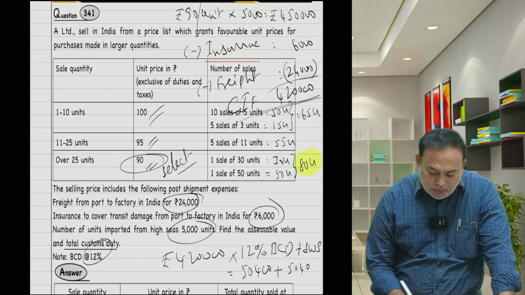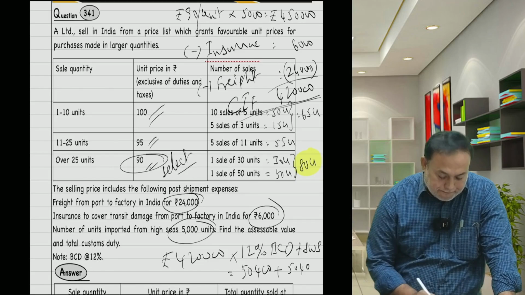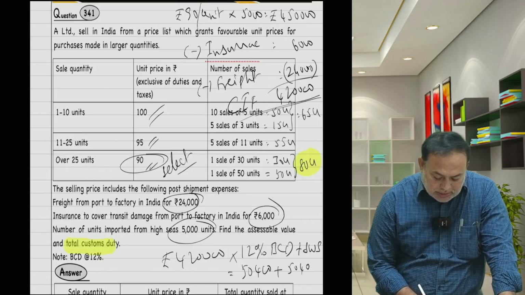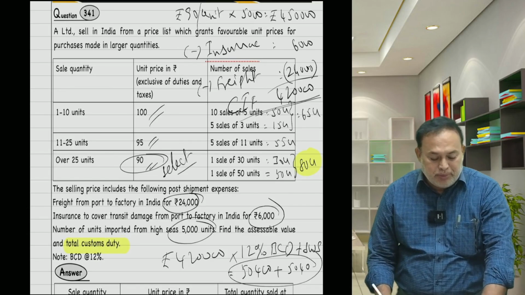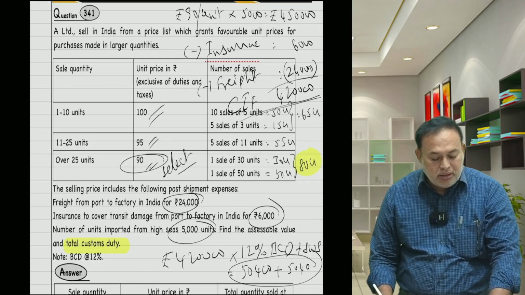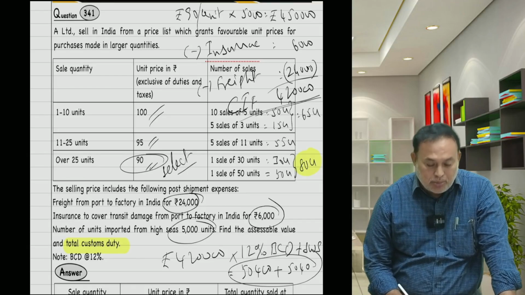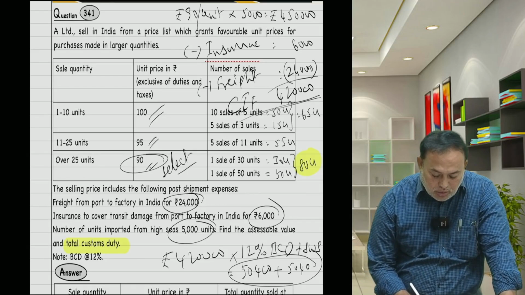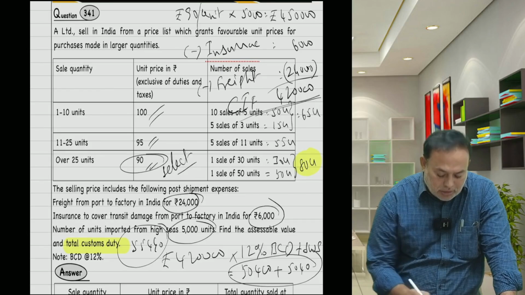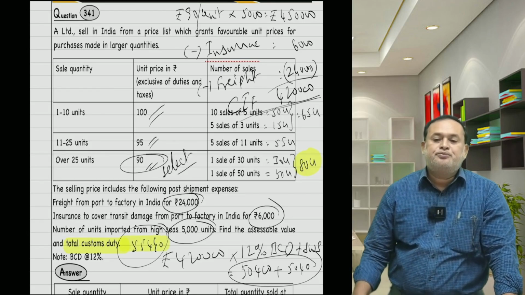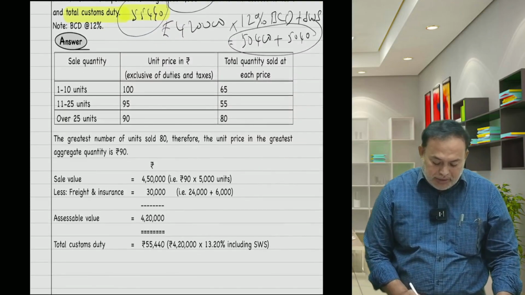So total amount of custom duty, here they ask total custom duty. Total custom duty is equal to these two figures. That means 50,400 by adding 5,040 SWS, social welfare surcharge, which is equal to 55,440 is the total duty of customs. This is the way in which you have to identify it. 55,440.